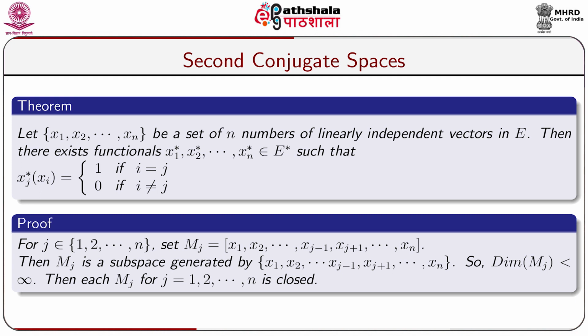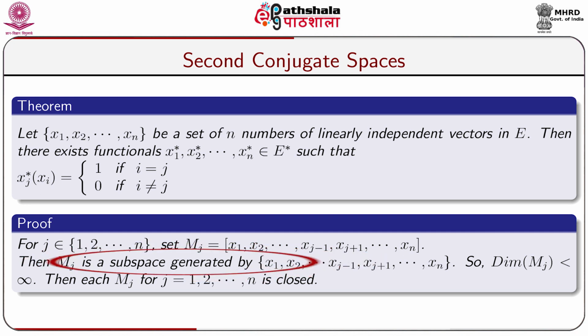The proof looks like this. For j belonging to the set of elements 1, 2, ..., n, consider the set capital Mj equal to the bracket x1, x2, ..., xj minus 1, xj plus 1, ..., xn, that is the subspace generated by x1, x2, ..., xn excluding the element xj.